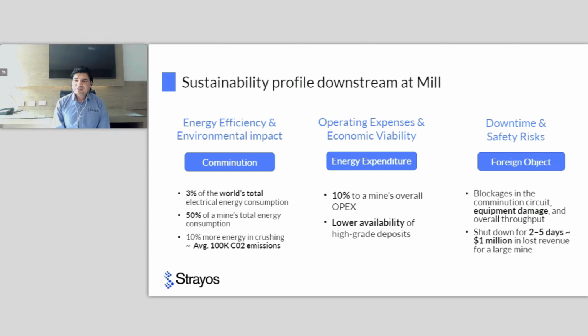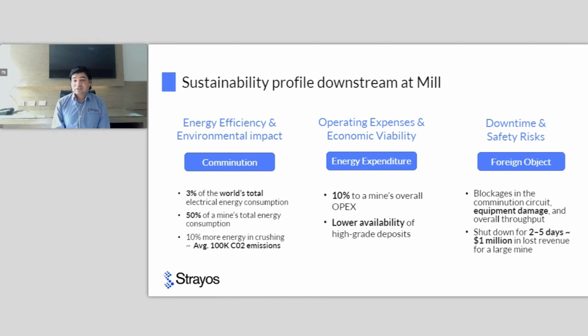What that means is more expenditure is going on my operational budget, which results in a massive reduction in operating budgets. Lower availability of high-grade deposits continues to reduce now. So we have to rely on things to do it with more precision, how we are mining, and then also crushing and milling.